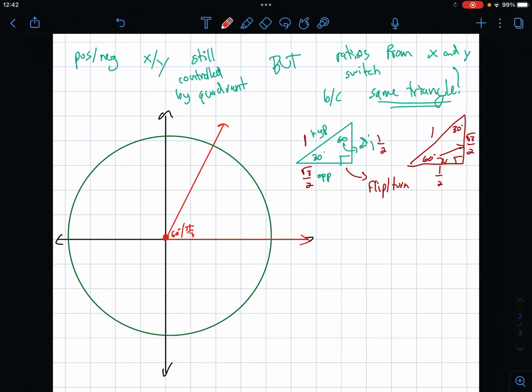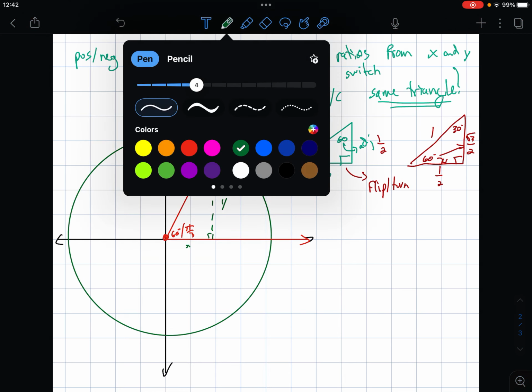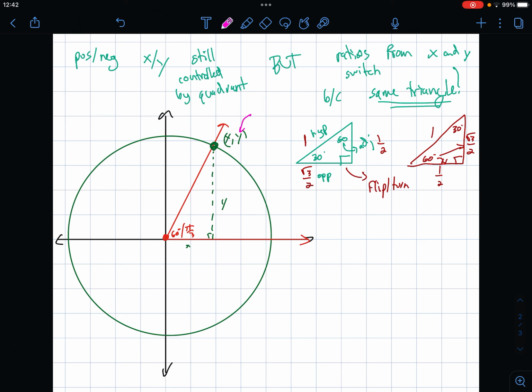And from my 30, 60, 90 triangle, which I'll draw here, my opposite is my y, my adjacent is my x, comma y coordinate here, x comma y. Recall that the y is simply going to end up being the sine of 60 degrees, and the x is going to be cosine of 60. And that's because the hypotenuse is 1, so adjacent over 1, opposite over 1.